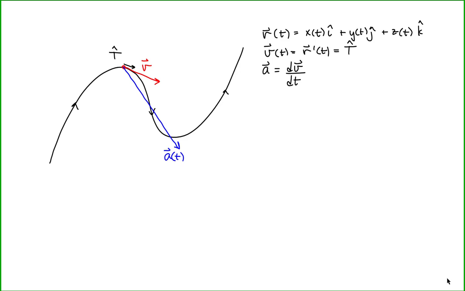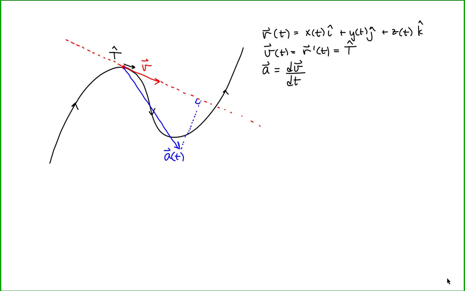Relative to our velocity vector, acceleration has two components. We can see that more clearly if we draw a line on which the velocity lies. If we project a line directly from the head of the acceleration vector down to the line on which velocity lies, that line will be perpendicular to the line of velocity.